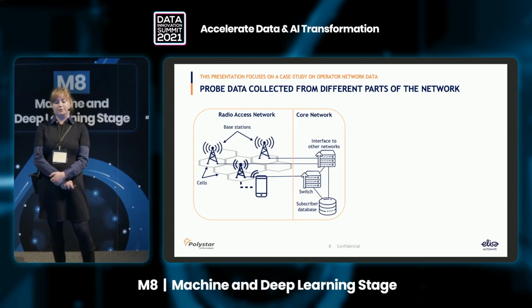But the general idea of an operator network is that there is a radio access network and a core network, and in the radio access network we have the base stations located all around us. When we make phone calls or send SMS to each other, these base stations pick up the signals and then process this information further to the core network.